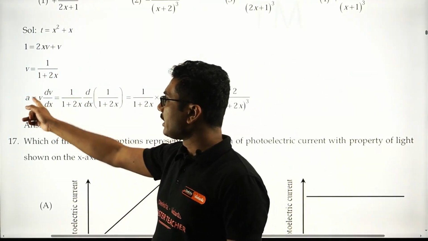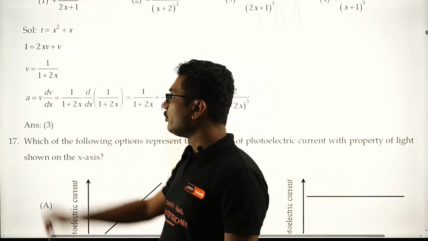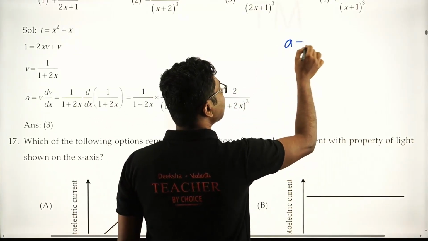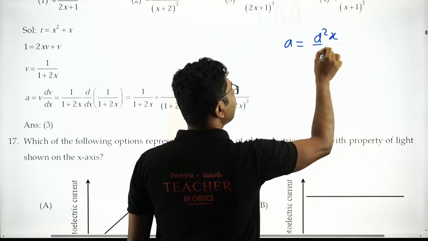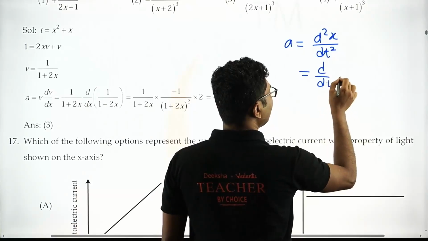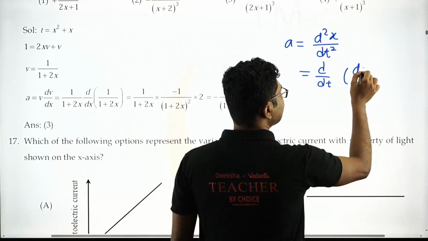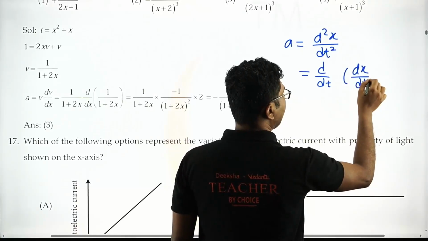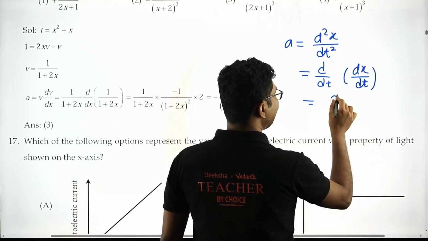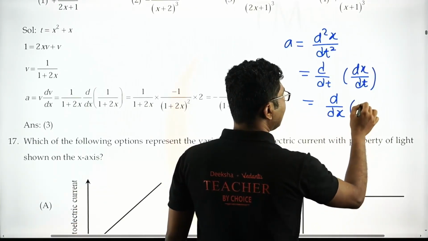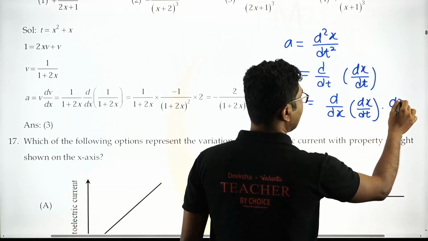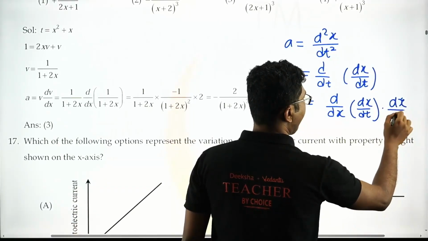Now there is another alternative formula for acceleration, which is v into dv by dx, right? If you remember, acceleration is d2x by dt square, or d by dt of dx by dt. Or let me do one more step, that is d by dx of dx by dt into dx by dt.